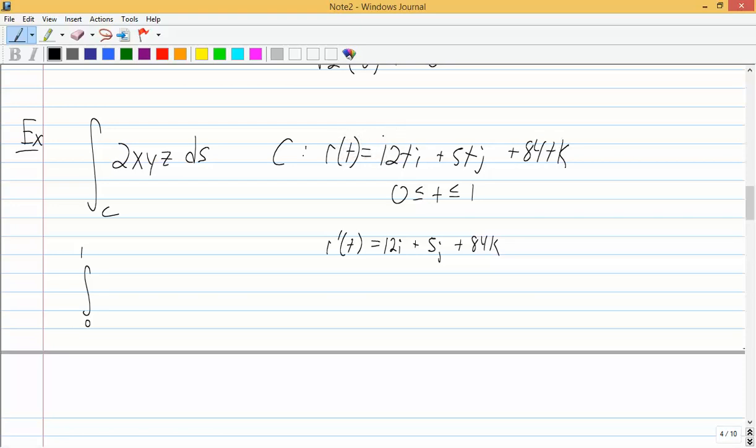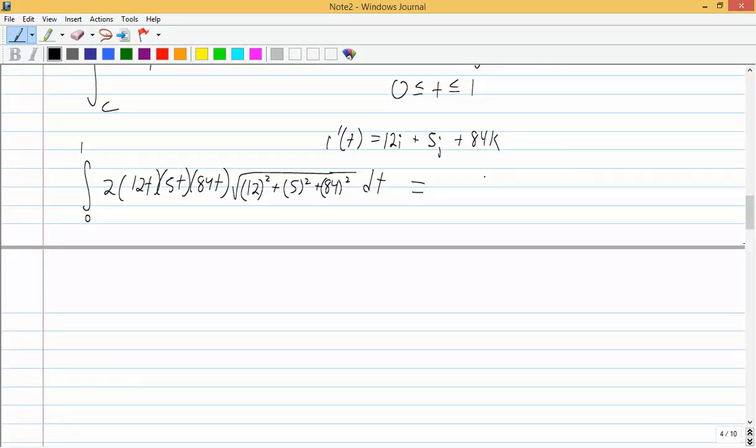We need the x of t, the y of t, the z of t. So this is going to be 2 times 12t times 5t times 84t times the square root of 12 squared plus 5 squared plus 84 squared dt.